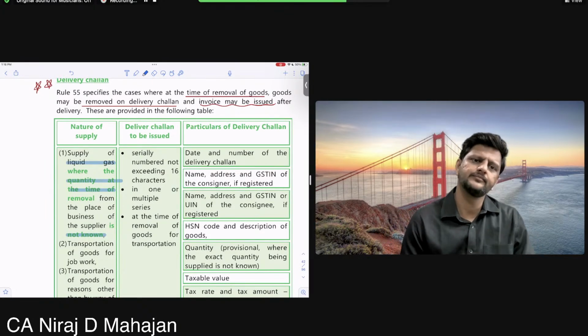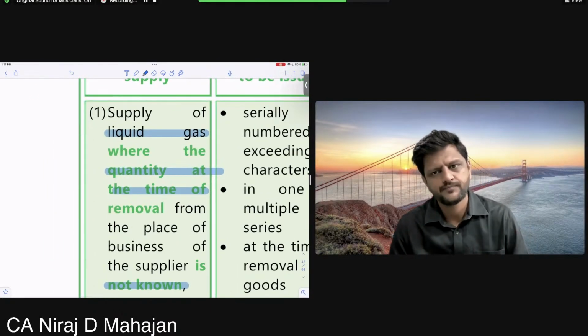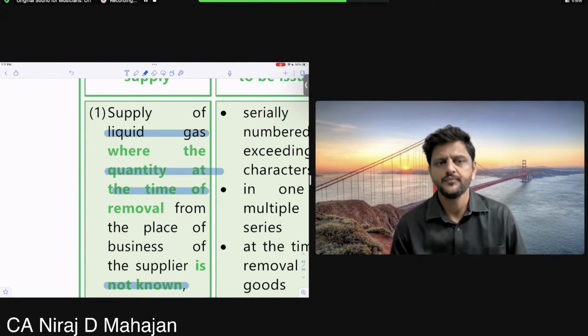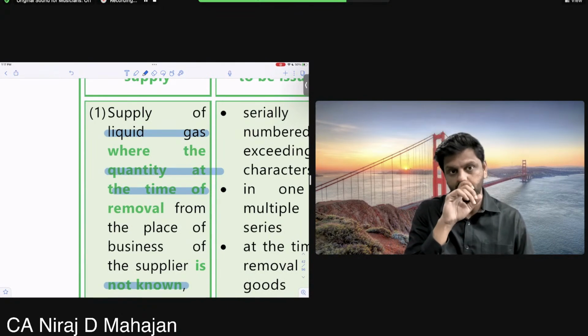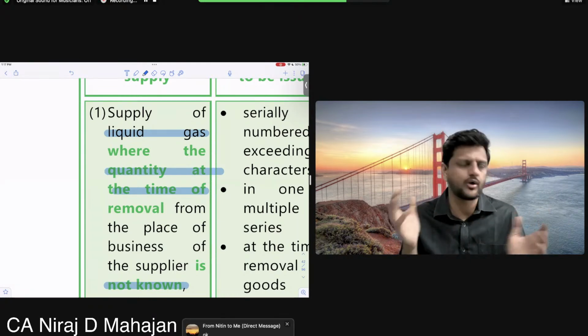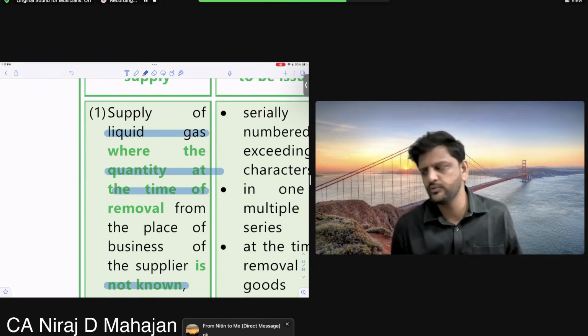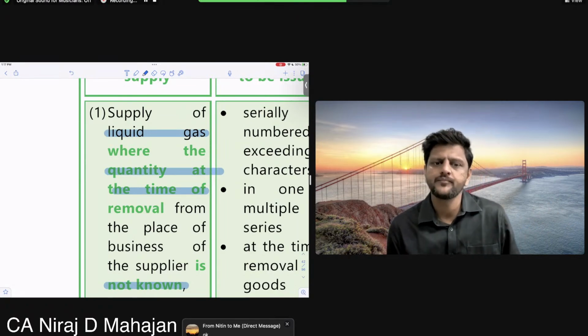There can be, obviously, normal loss in the transport of liquefied petroleum gas, or liquid gas. So at the time itself, the quantity is not known, how much is remaining or how much is there in the tank, etc. And you're going to multiple places to deliver.